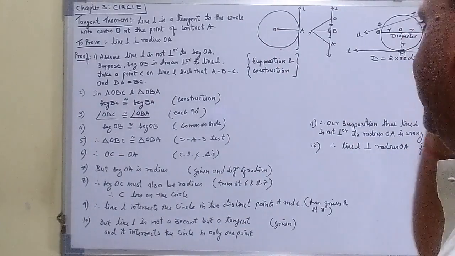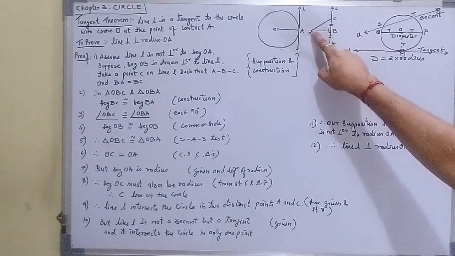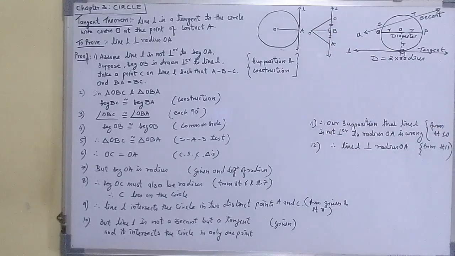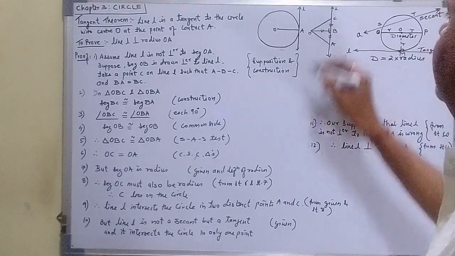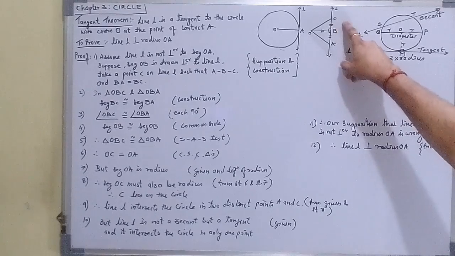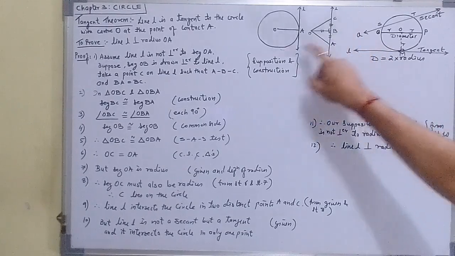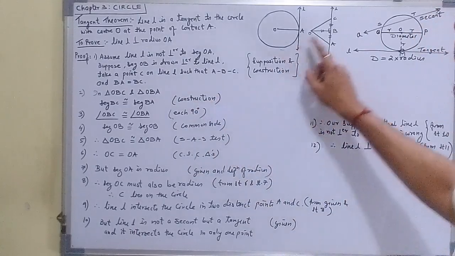अब आते हैं हम लोग इस ट्राइंगल पे. ध्यान से देखो. In triangle OBC and triangle OBA, seg BC congruent to seg BA from construction.